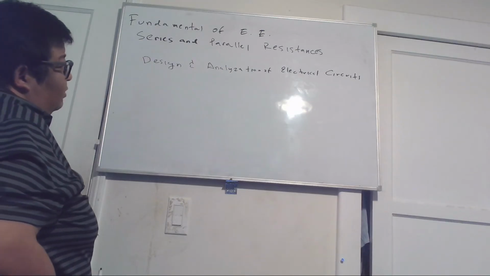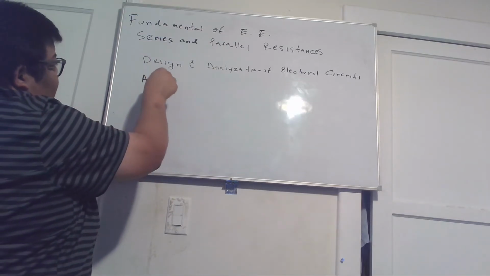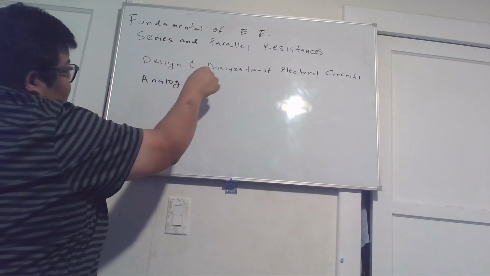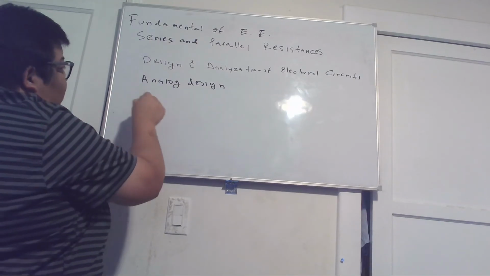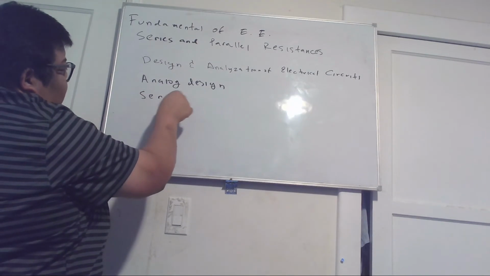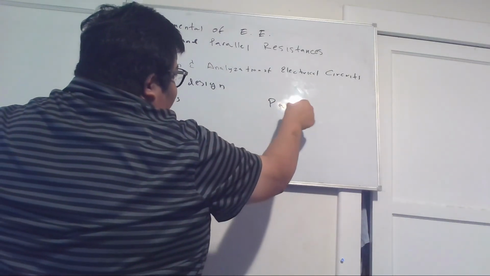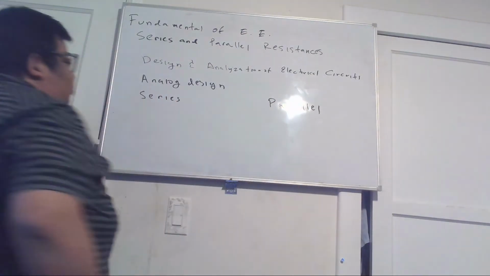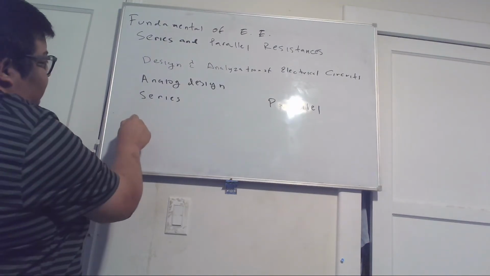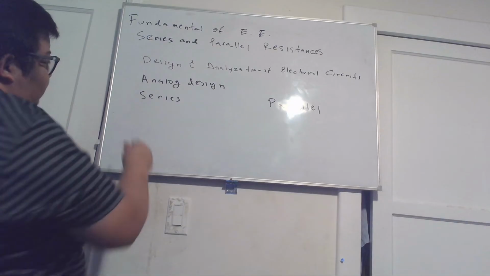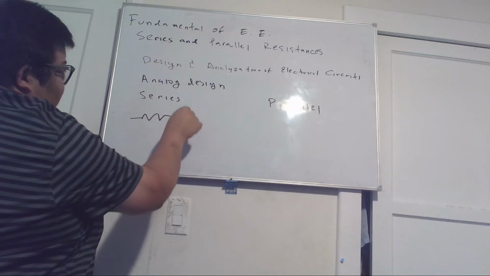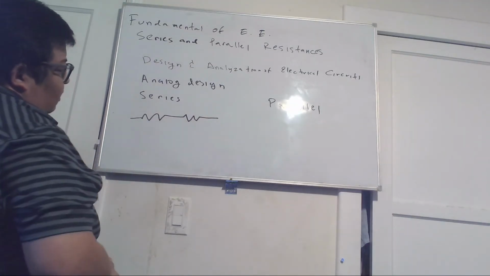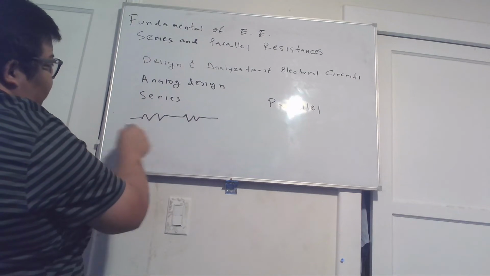So resistances can be, in analog design, can be put into series and parallel. So series, that means that resistors or resistances are connected end to end.